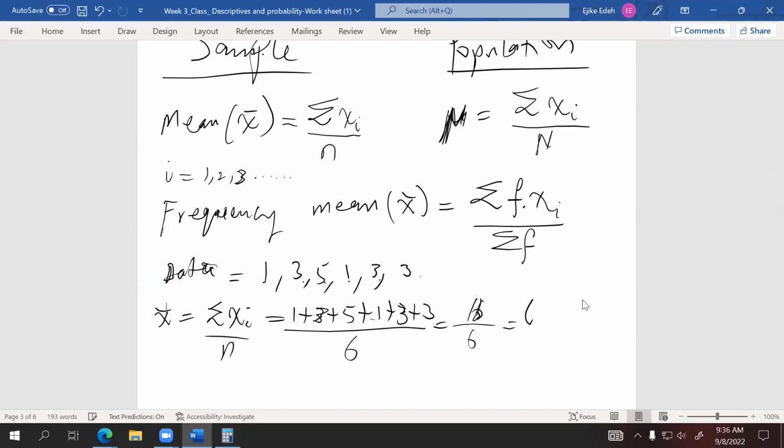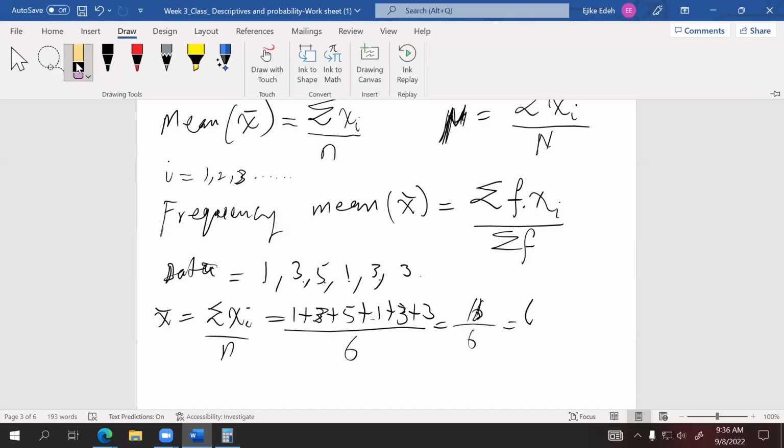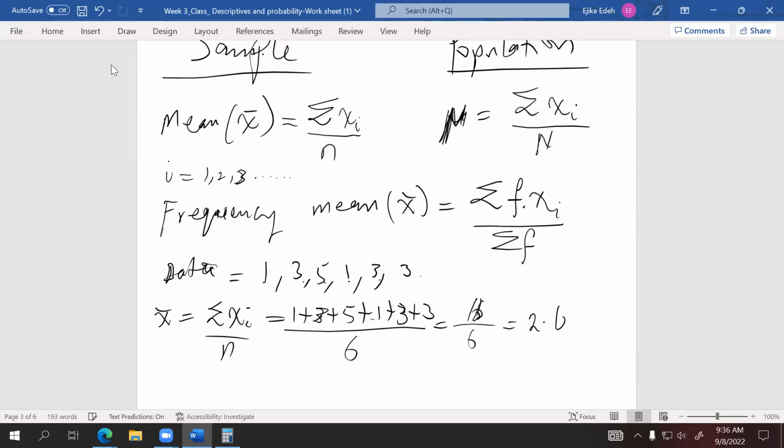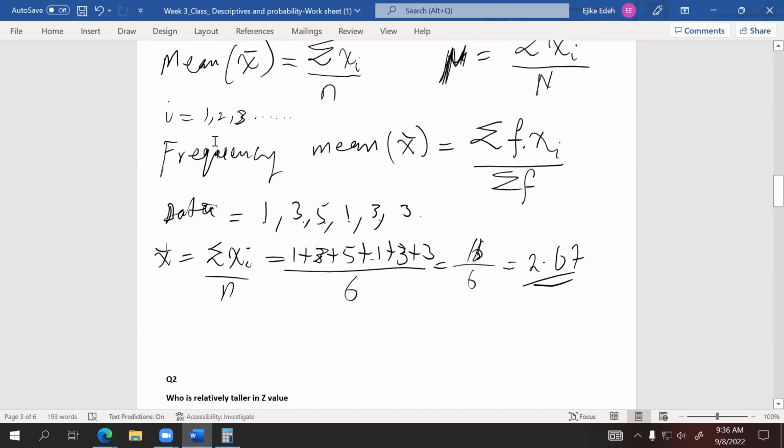So let's say to 2 decimal places, we have 2.67. So what we're saying is that the formula for the mean can also be this one here, the frequency distribution formula.